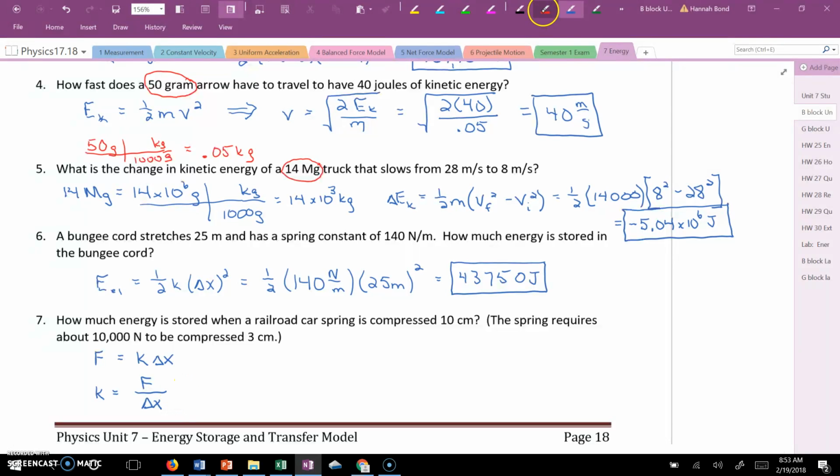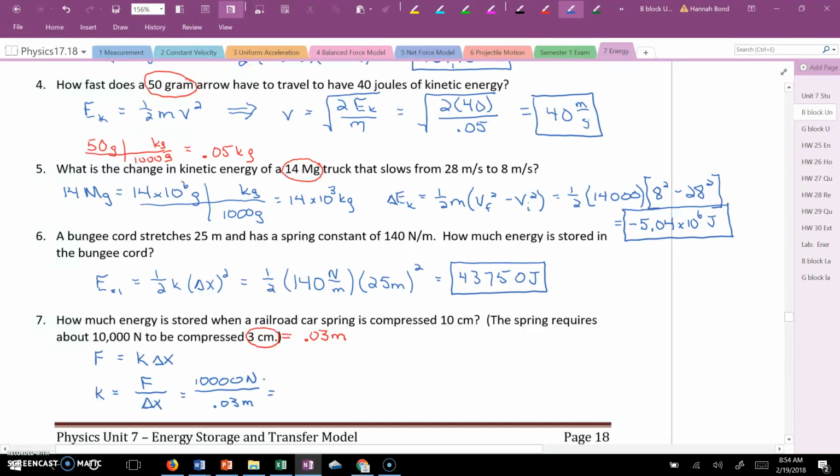Now I do need to be careful and convert this 3 centimeters. That's not a standard unit. So I know that there are 100 centimeters in a meter. So 3 centimeters is 0.03 meters. But then the K would be the 10,000 newtons divided by 0.03 meters.